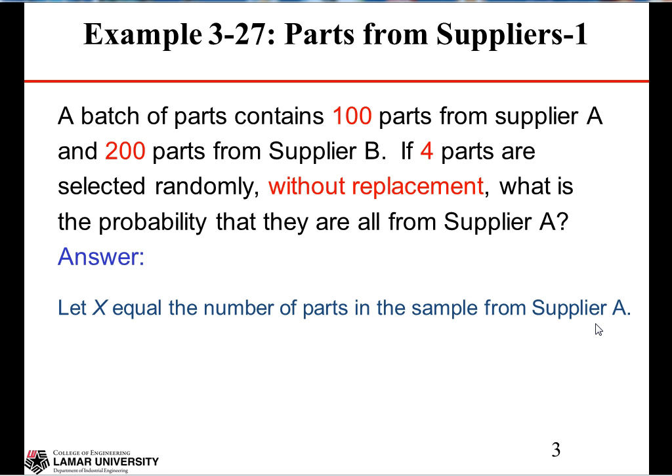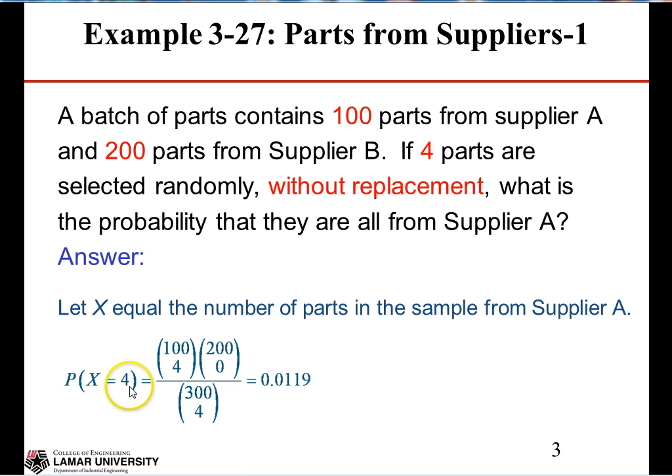What's the probability all 4 of them are from supply A? So we are looking for the probability X equal to 4, and we simply need to plug the numbers into the formula. C of K, x, and C of N minus K, n minus x. Here x is 4 and n is 4, so 4 minus 4 is 0, and here is the total number of objects, where capital N is equal to 300.